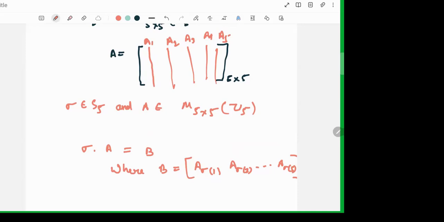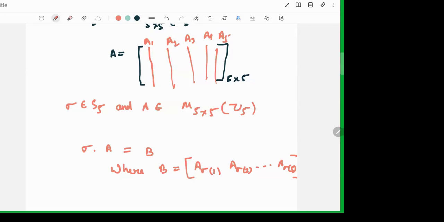Sigma 2 denotes the image of 2. The image of 1 will be something between 1 and 5. Suppose the image of 1 is 3. Then A3 becomes the first column in B. I'm saying row, but it is the first column.